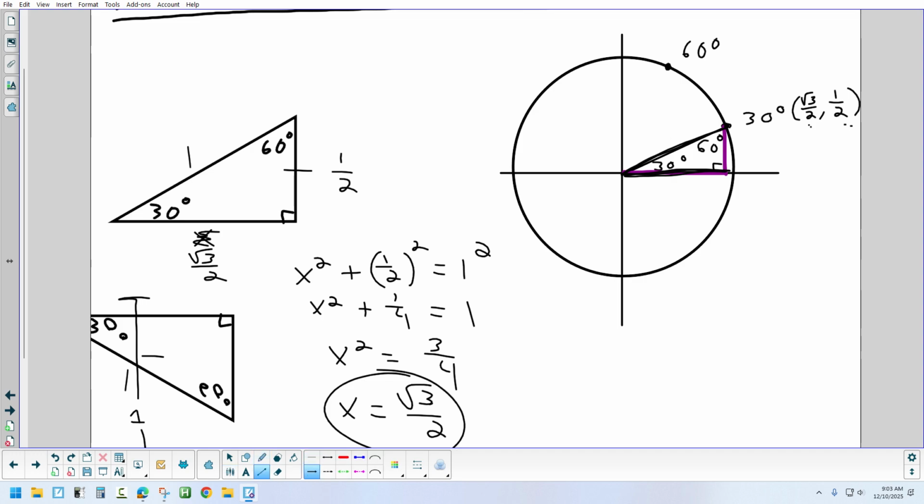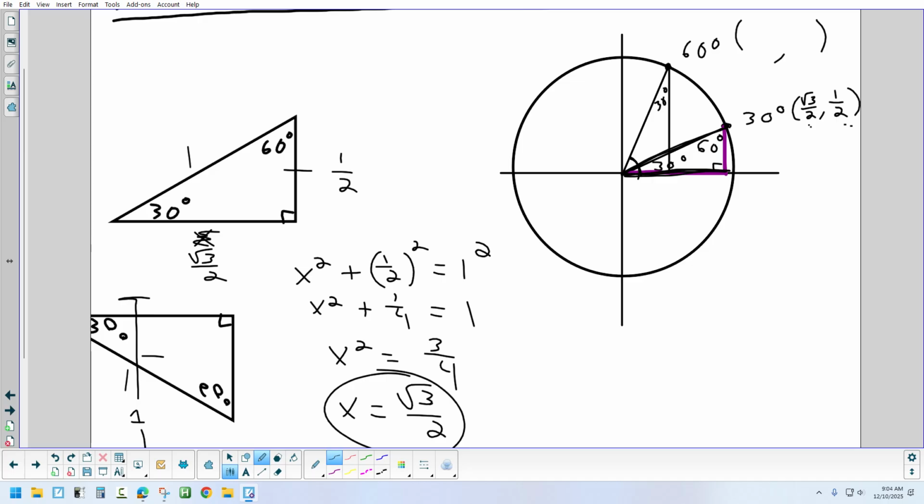Right, so when we do the 60, we're going to have a triangle like that. How are we going to get the coordinate for the 60? Yeah, you just flip the coordinates because it's the same triangle. Yeah, it's the same triangle, right? We're dealing with a 30, 60, 90 again. The difference is now the 30 is up here, and the 60 is that piece down there.